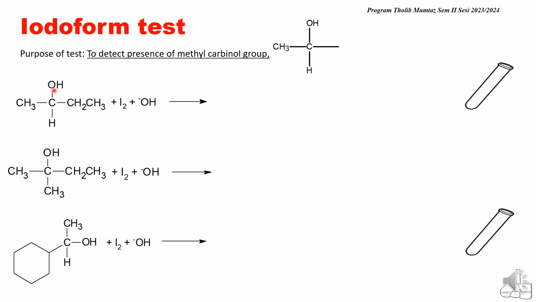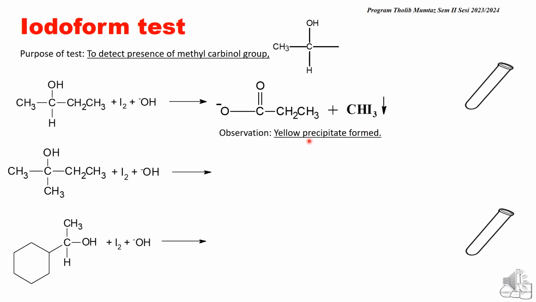So this will have positive iodoform test, which is the methyl from the methyl carbinol is going to be changed into O negative and the OH from the alcohol will be changed into double bond O. And most important thing is that it forms CHI3 precipitate, or this is iodoform precipitate. So the observation will be yellow precipitate formed.